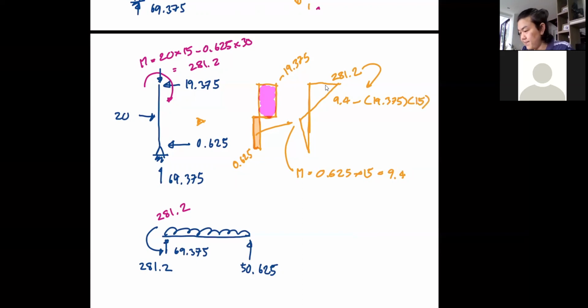And the point of inflection in this case would be easy because you have just the point load. So the point of inflection here is just 0.625 x minus 20 x minus 15, right? This is the moment equation, and then set it equal to 0, you get your x.